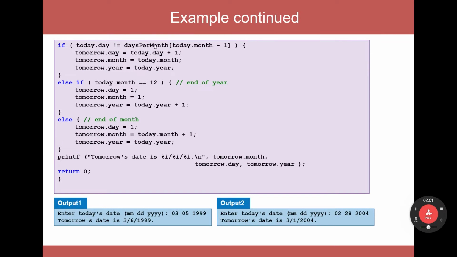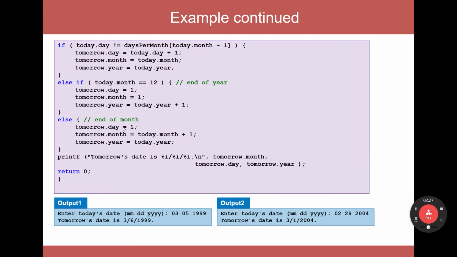If it's not equal to the end of the month, we just increase the day from the today structure by 1, and month and year remain the same. But if the month of the variable today is equal to 12, then the next day will be the 1st of January of the next year.